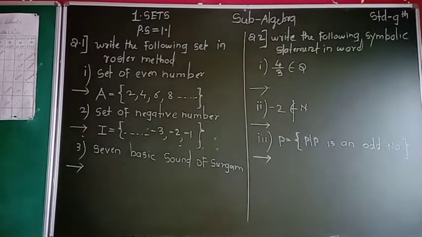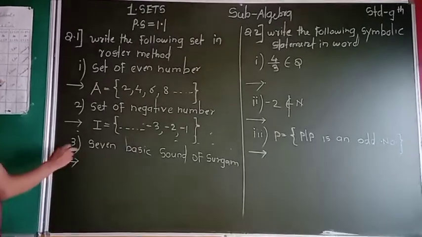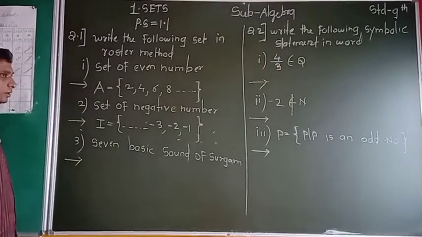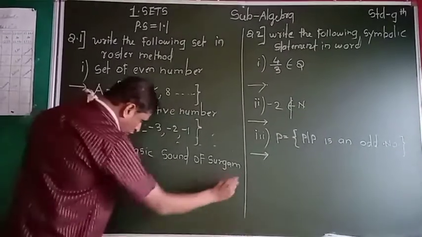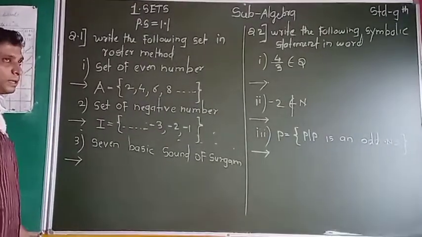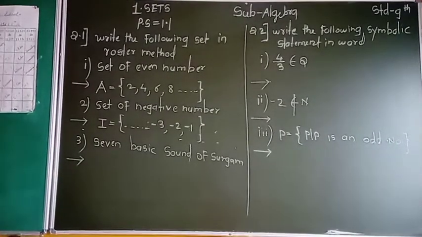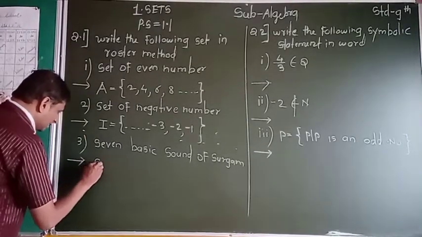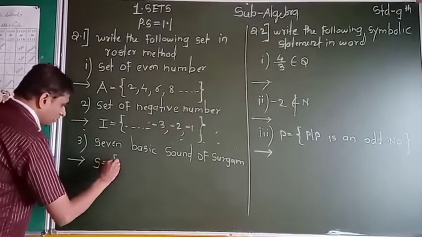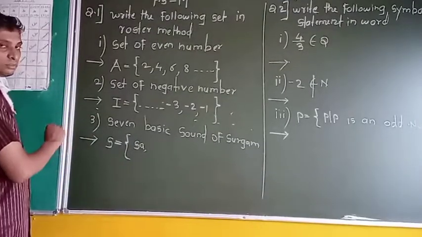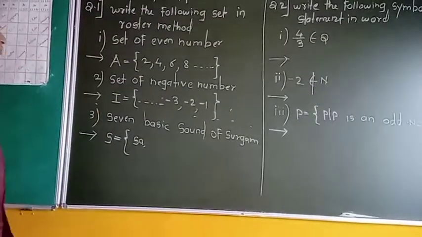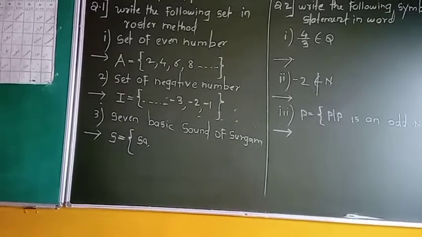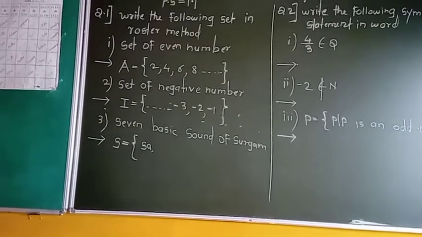Another: the 7 basic sounds of sargam. In saregama we have to know them. First, I write the name of the set, let us consider S for saregama. Question number 3 is the 7 basic sounds of sargam.